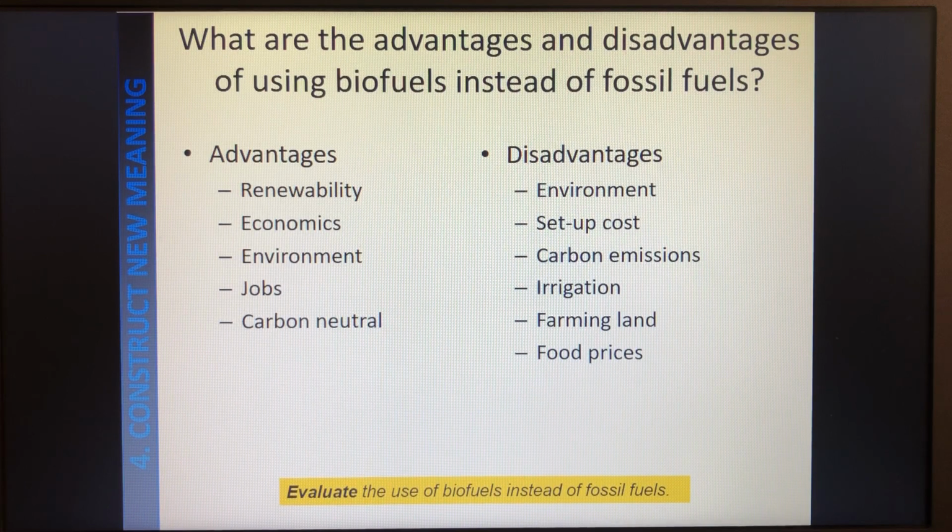The carbon emissions, even though they're carbon neutral, are still there, so we're still releasing this carbon into the atmosphere as carbon dioxide, which in terms of global warming and the greenhouse effect isn't doing much good. It could be that farming land is reduced because existing farming land is used up in order to grow the biofuels, which means that there are some places in the world that used to be completely self-sufficient.